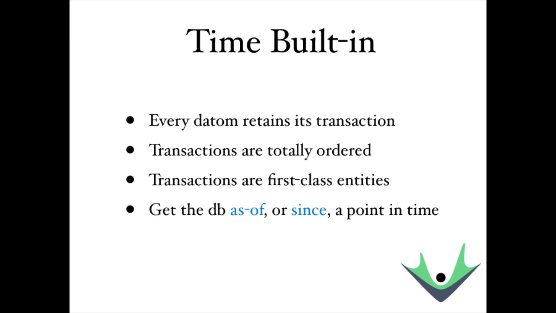And this is really powerful because by obtaining a different value of the database, you can reuse your application logic and queries to do what if or as of kinds of calculations without passing time around as a parameter everywhere.